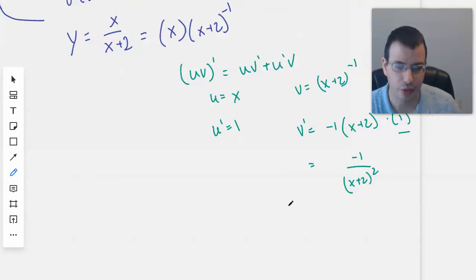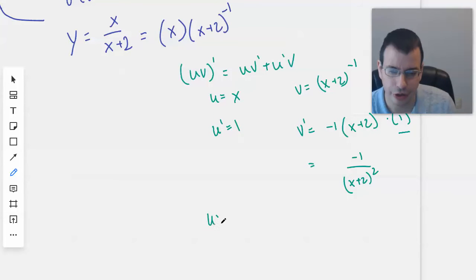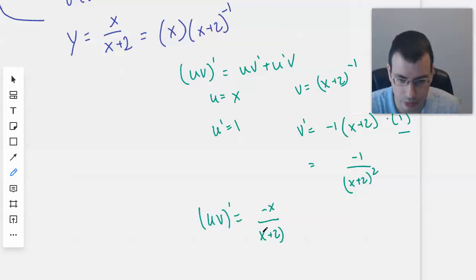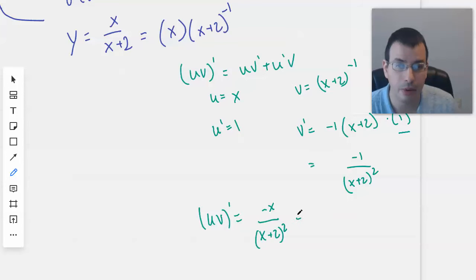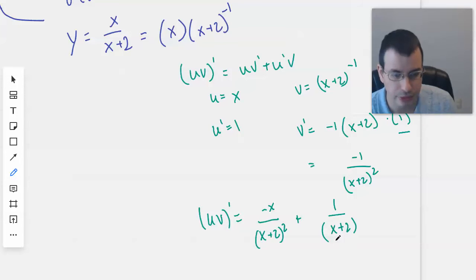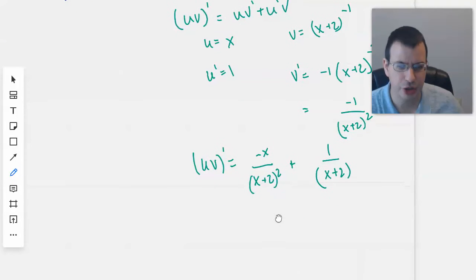And then we're left with, what are we left with? u v prime plus u prime v. So it'd be negative x over x plus 2 squared plus u prime, which is 1 over x plus 2. Okay? And I'm going to try and simplify this a little bit.